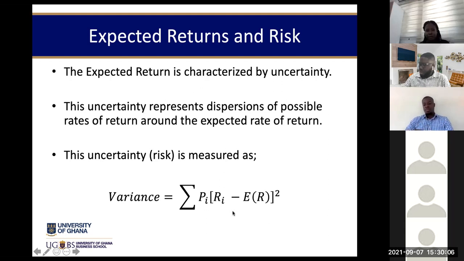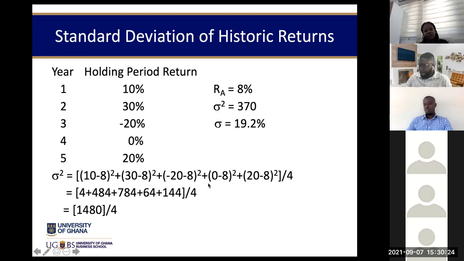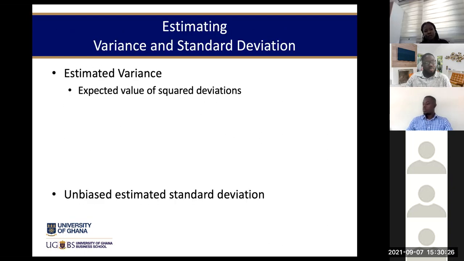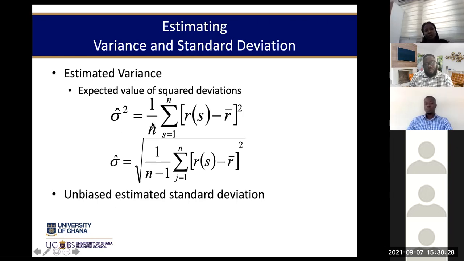So there's a key difference between the historical variance, historical standard deviation, and the expected variance or the expected standard deviation. Here you will see probabilities. Okay, for the expected returns, expected standard deviation, you see probabilities. But when we go back and I show you the historical standard deviation, do you see any probability here? No. There's no probability associated with historical returns because those returns are known with certainty.